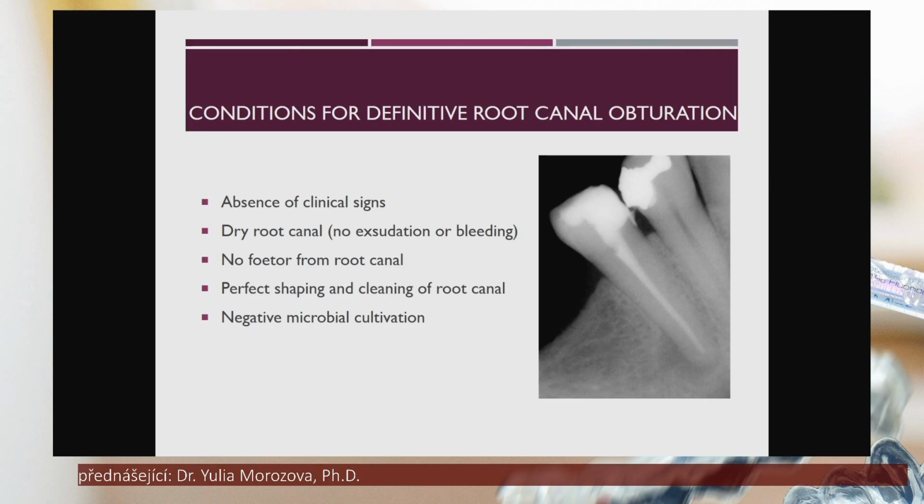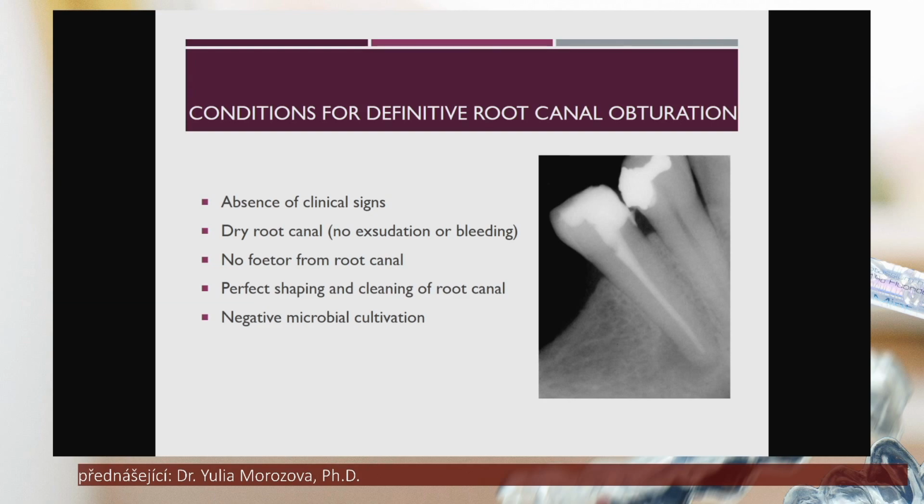And the next condition for the definitive root canal filling is a perfect, correct shaping and cleaning. With respect to perfect shaping, it means that we have a taper shape of the root canal, and we also have the apical seat for our future filling, because our aim is to finish the root canal filling in the place where we finished our shaping.